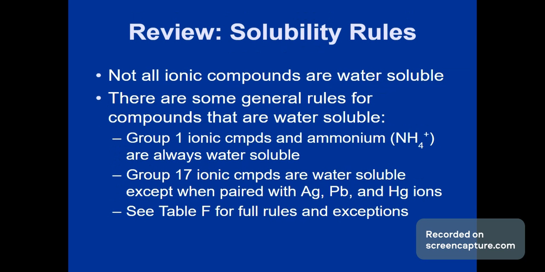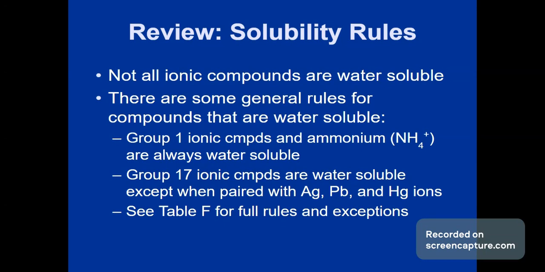Also, more of the review solubility rules. Not all ionic compounds are water soluble. There are some general rules for compounds that are water soluble. If we look at it, group one on the periodic table compounds and ammonium, NH4, are always soluble in water.